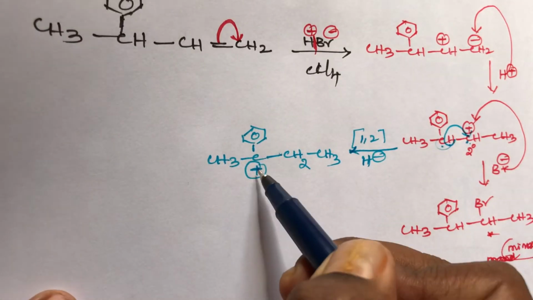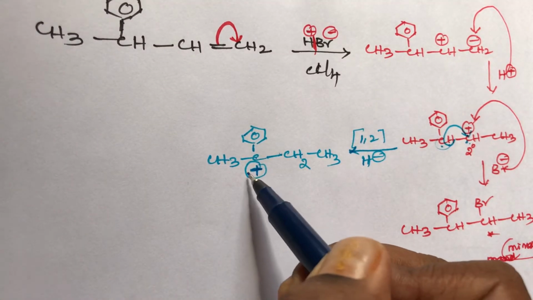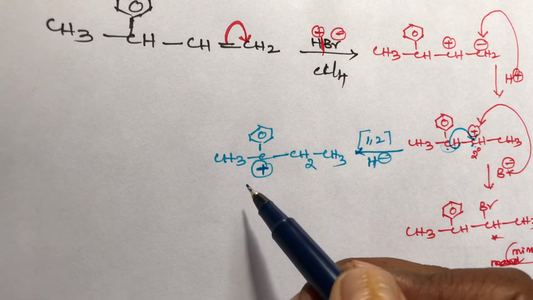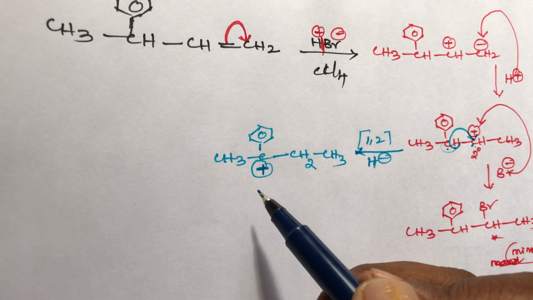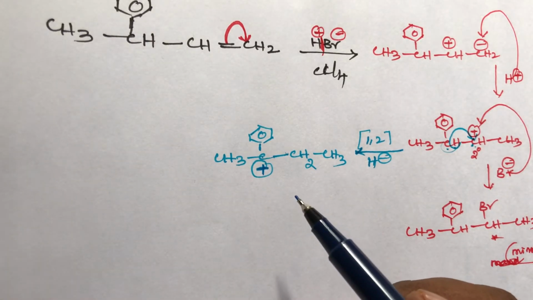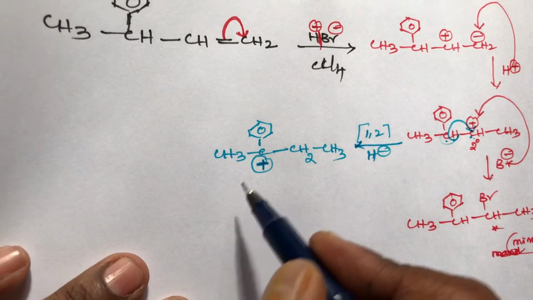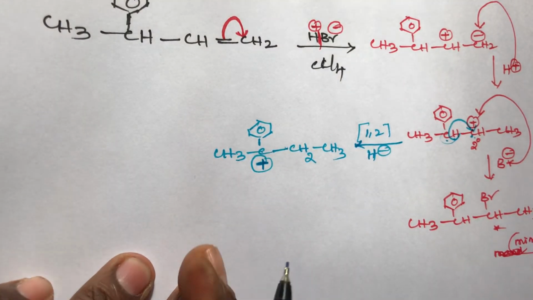But in this compound, the positive charge is present on a tertiary carbon, so it is called a tertiary carbocation. Out of these two, which is more stable? Tertiary carbocation is always more stable than secondary, and secondary is always more stable than primary. Tertiary is more stable due to hyperconjugation.